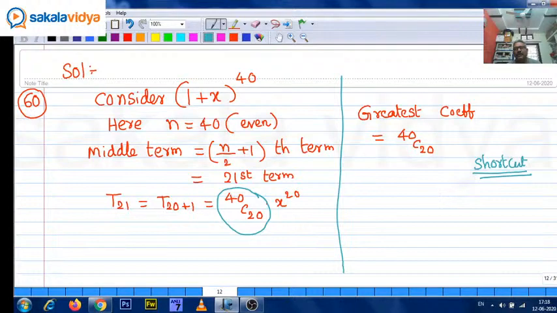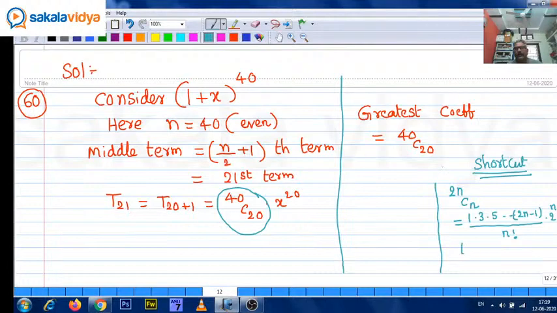The shortcut is: 2nCn equals 1 into 3 into 5 into ... into (2n minus 1) upon n factorial into 2 to the power of n. You can remember this.